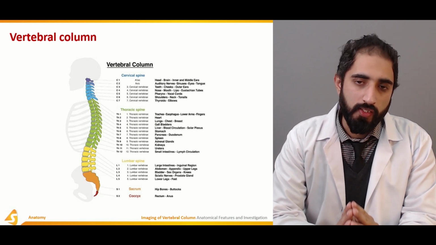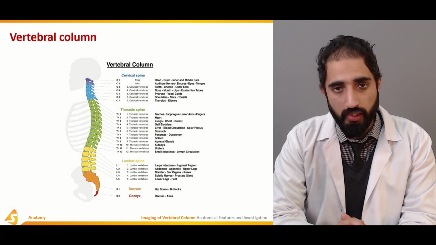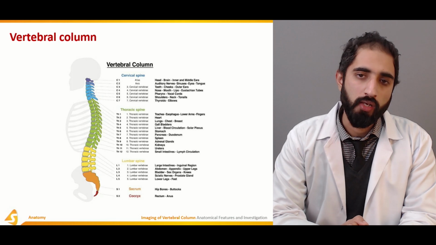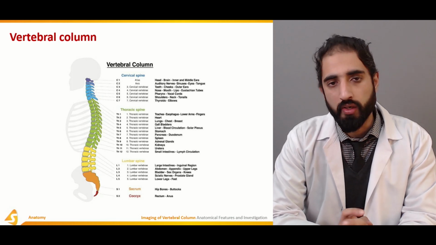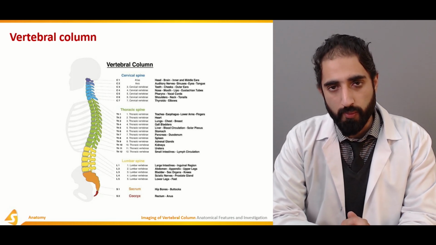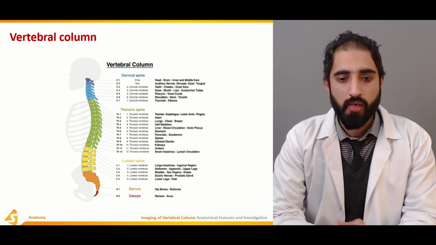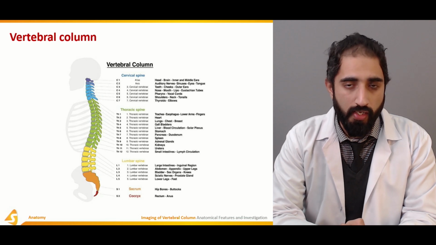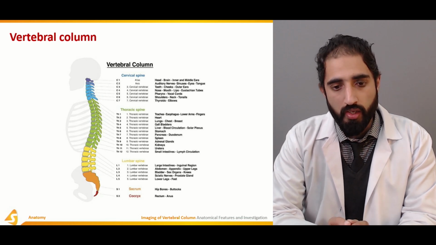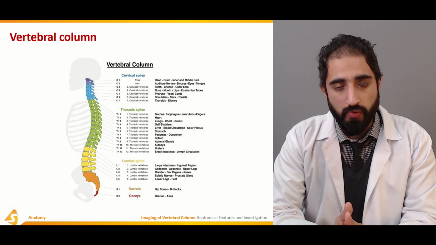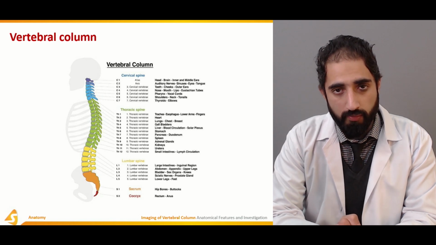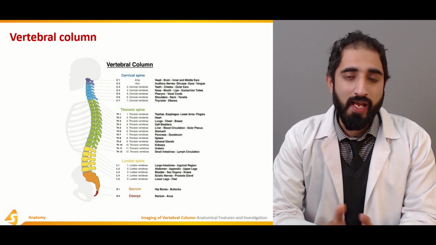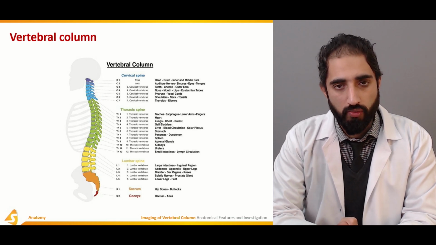Now, talking about the thoracic spine, we have 12 segments from T1 to T12. And at the end, we have the lumbar spine, which has L1 to L5, which means 5 segments. So a combination of thoracic, which is 12, and cervical, which is 7, becomes 19, and 19 plus 5 for the lumbar spine is 24 in total.